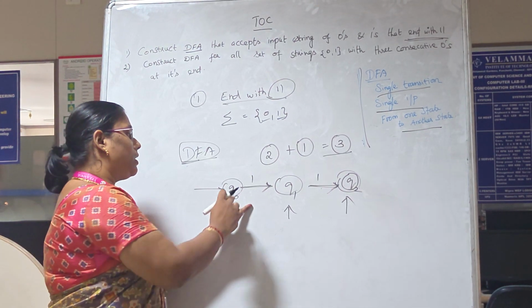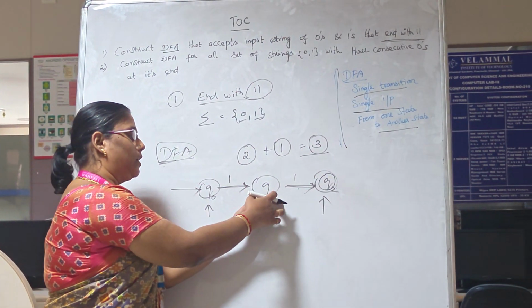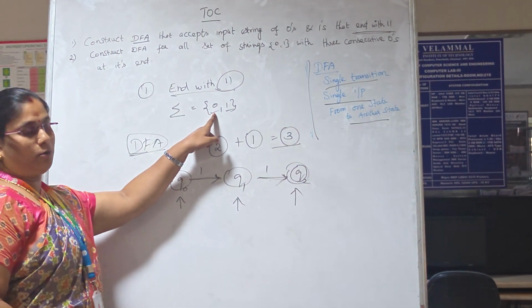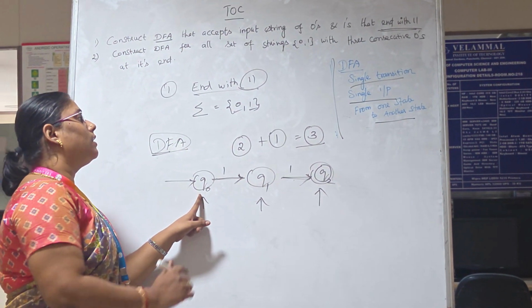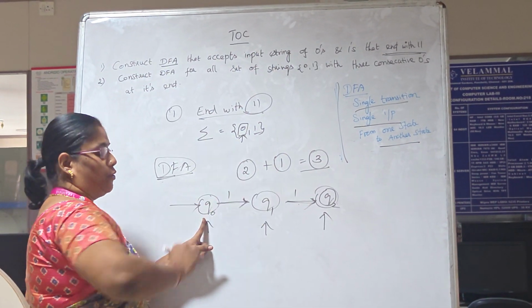So for Q0, I have drawn 1 as an input and it will move to Q1. Now I have to consider 0. If I read 0, where should the state move after reading this 0?